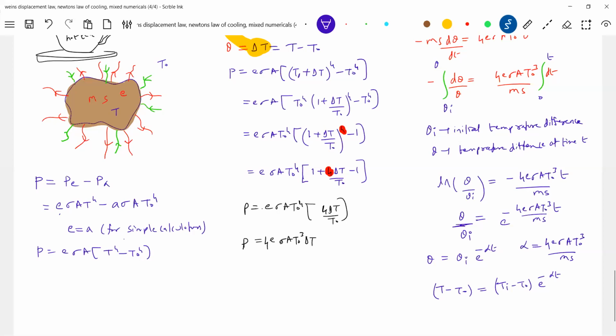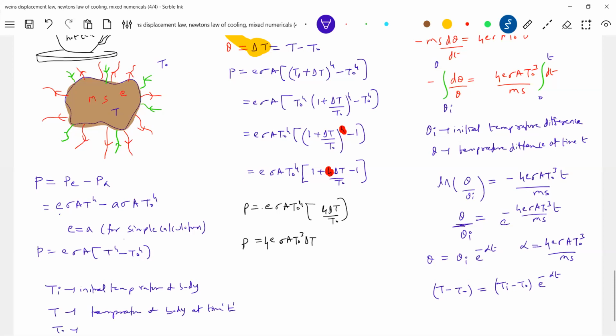Okay, let's write a few things. What is Ti? Initial temperature of body. What is T? Temperature of body at time t.